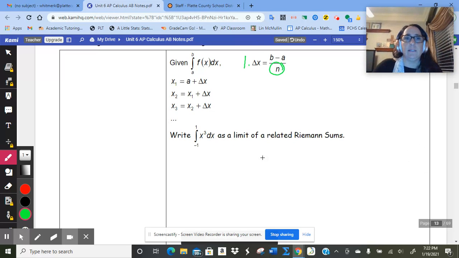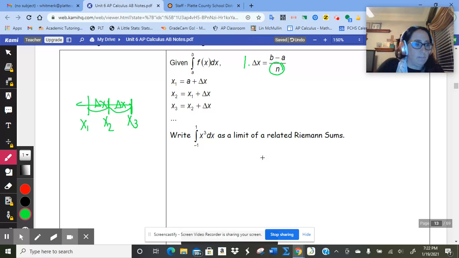In this case, my x sub 1 is where I start, and then I add on my delta x. My x sub 2 is what that value was, and then I add on my delta x. X sub 3 is what that value was, and then I add on my delta x. So I'm increasing by this delta x each time.